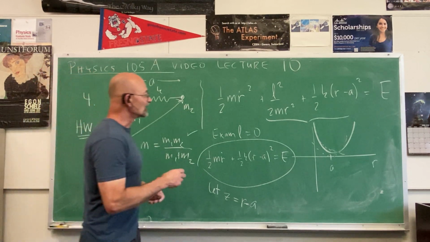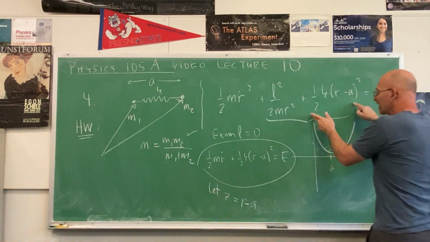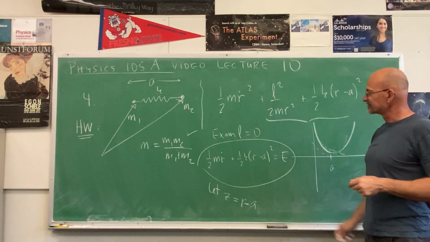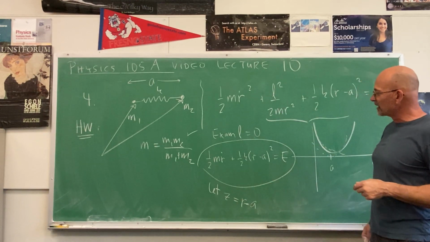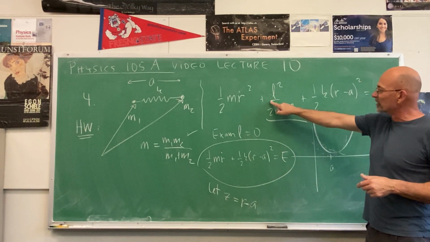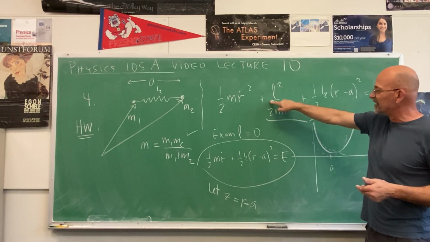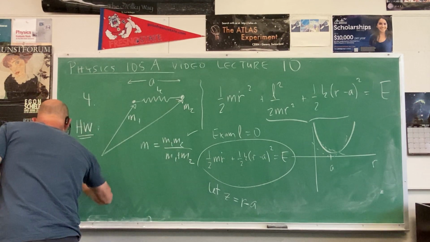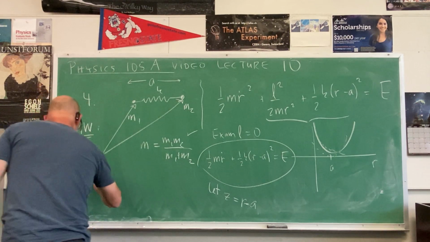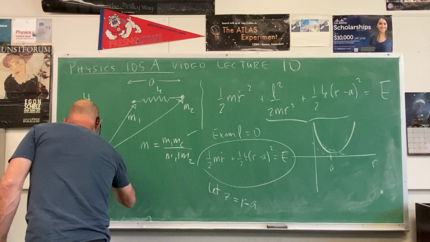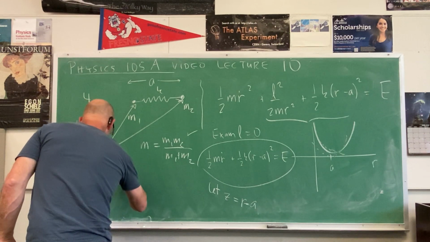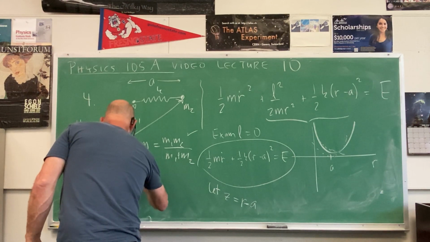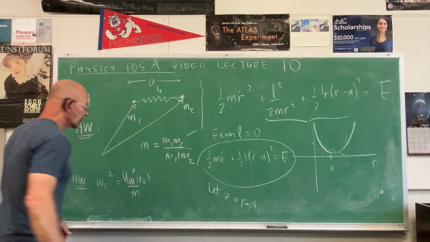The next thing is to look at the full case where rotation is possible, in other words, where L is not equal to 0. Then you'll find that the omega sub r that we're often looking for isn't so easy to find. Omega sub r squared is equal to u effective double prime at r0 over m.